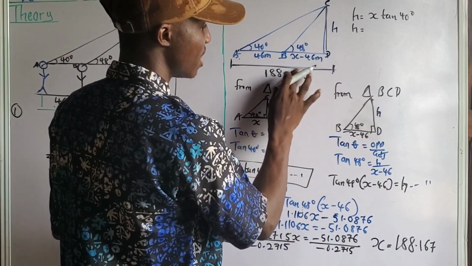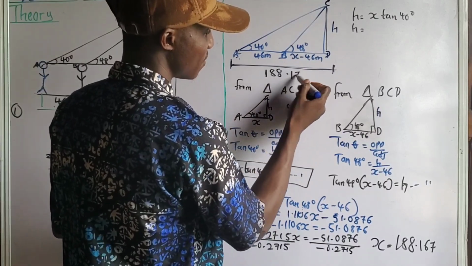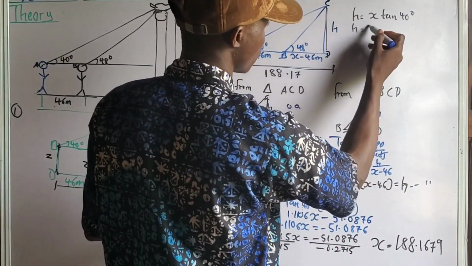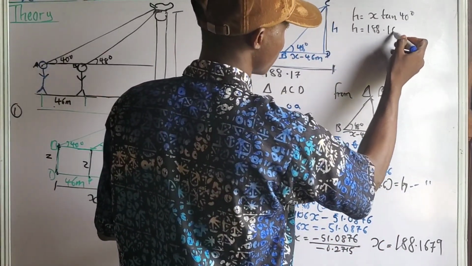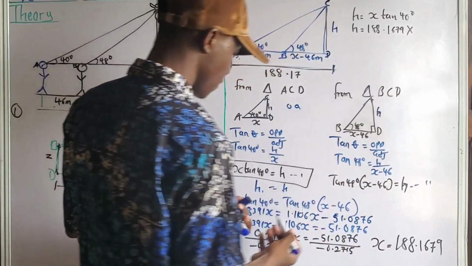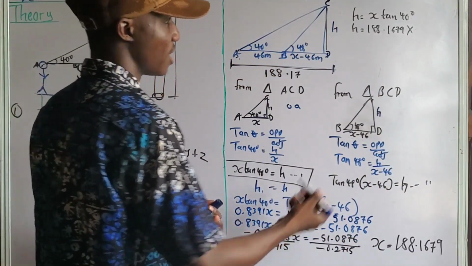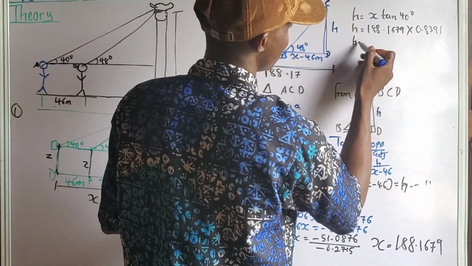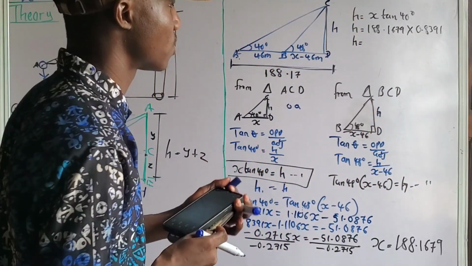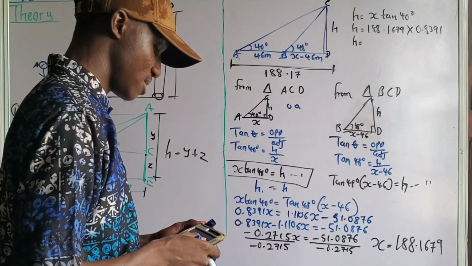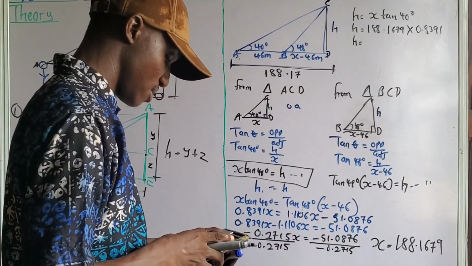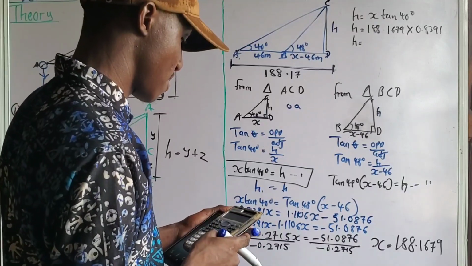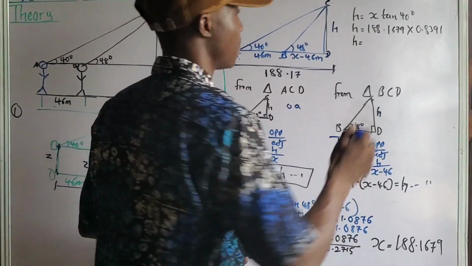The approximated value here is 188.17, but let's use the real one. So x is 188.1679 times tan 40 degrees, which is 0.8391. So the height here will be equal to 188.1679 times 0.8391. What's the answer? That is 157.89.